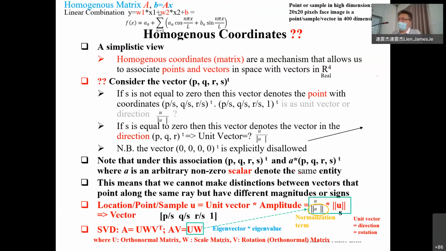And the edge consists of a rotation and the magnitude.